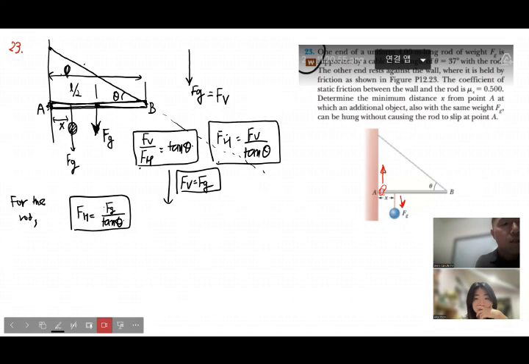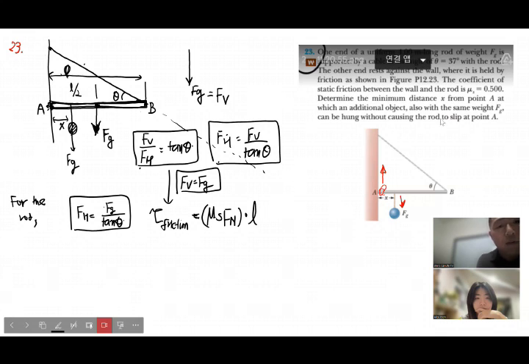And also the frictional torque. The torque created by the friction at point A should be expressed with the frictional force and the lever arm of this rod. So the frictional torque is the frictional force applied to the end of this rod times lever arm L, right?